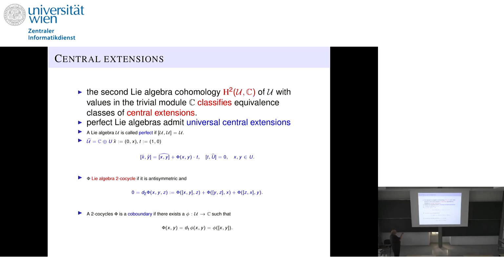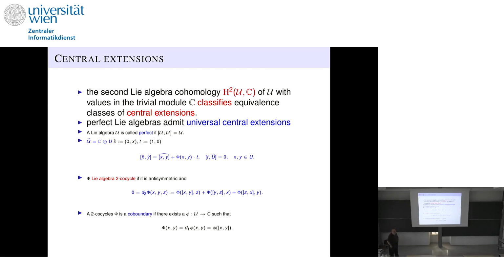So, good. Now, the point is, perfect Lie algebras admit universal central extensions. This is a mathematical statement. Maybe what a perfect Lie algebra is isn't known to everybody. Who does not know what a perfect Lie algebra is? So, a perfect Lie algebra is this one: the commutator of U with itself is U. Okay, good, that's simple.